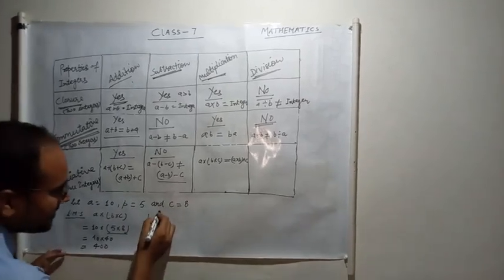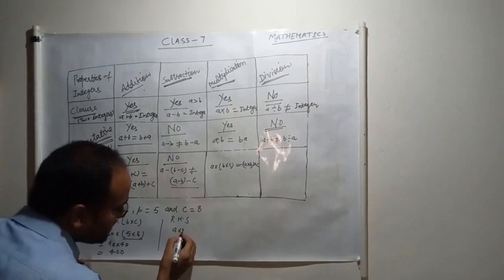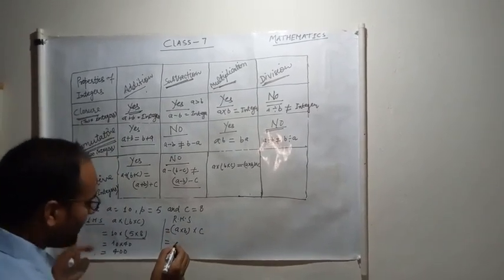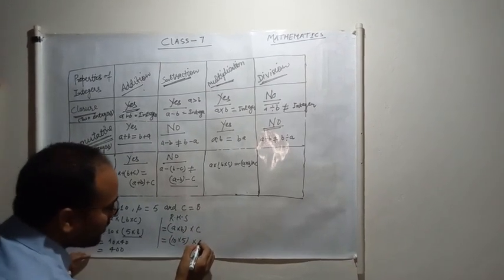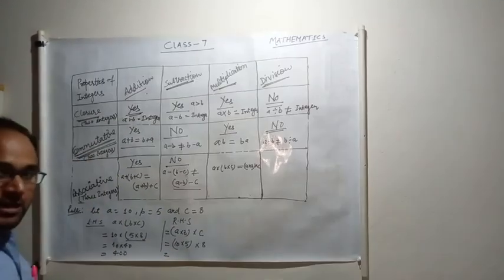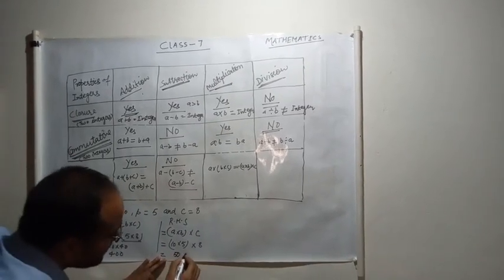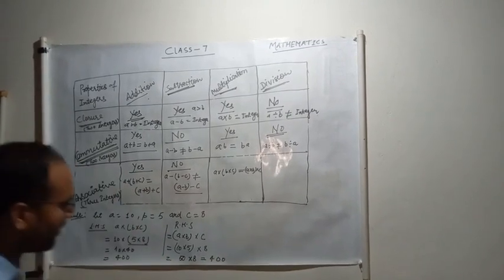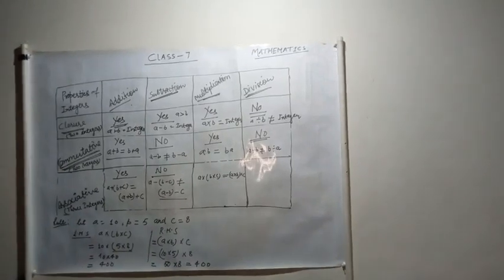Now the right hand side is (A multiplied by B) multiplied by C. First we put the values: A is 10 and B is 5, and then C is equal to 8. Very easy, students. 10 multiplied by 5 you get 50, and 50 multiplied by 8 you get 400 also. So you see the left hand side is 400 and the right hand side is also 400.